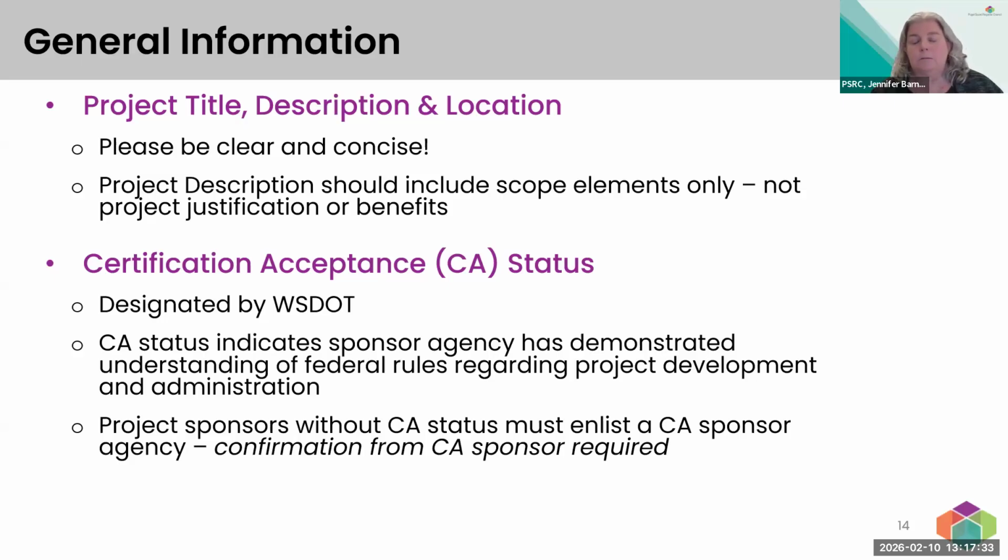Often, if it's a smaller town, it might be the county, or as often as not WashDOT. But in that case, we do require confirmation from the identified sponsor, confirming that they are aware they have been designated a sponsor and that they are willing and able to serve in that role.